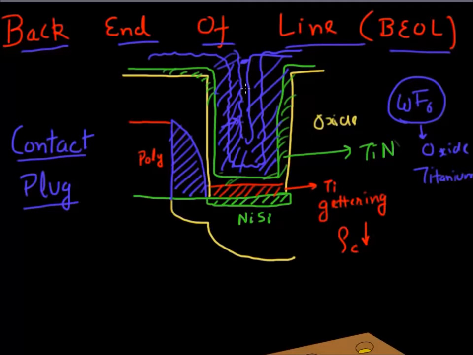And there's often a seam formed in the tungsten because it's a CVD process. So these are the different process steps involved in making this tungsten plug.